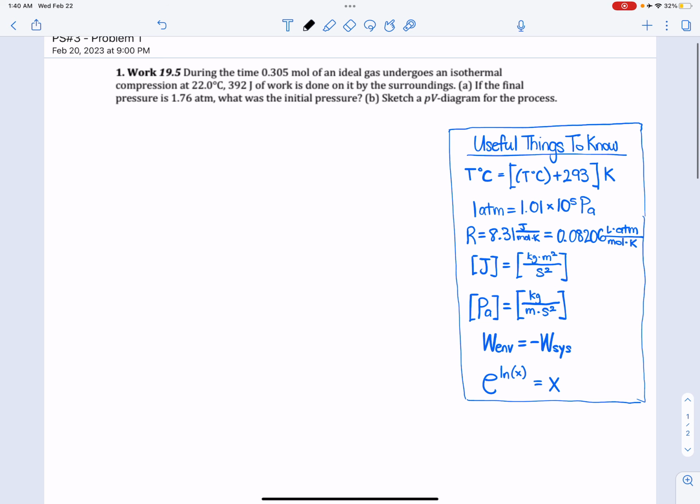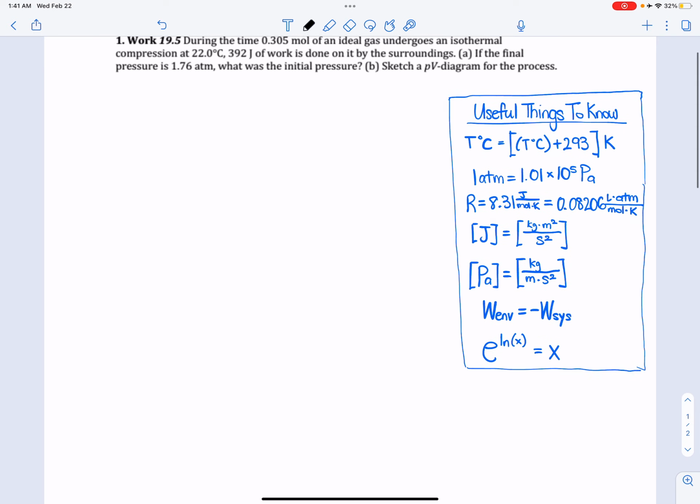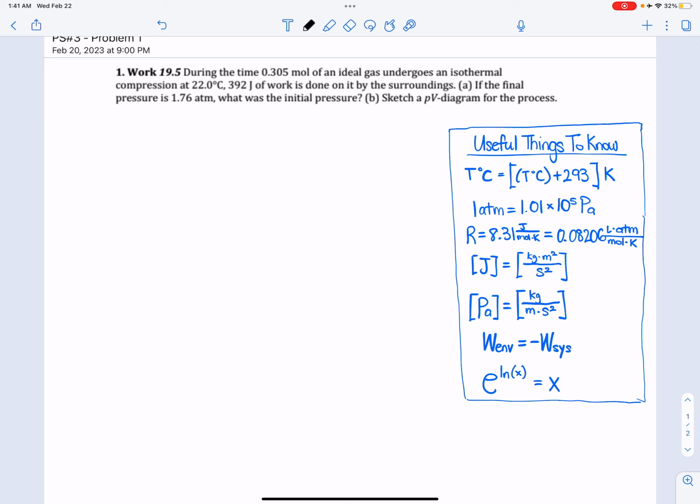Also, in chapter 19, we do know that work done by the environment is equal to negative work done by the system. They're equal, they just have different signs. And lastly, e to the power of natural log of x is equal to x.